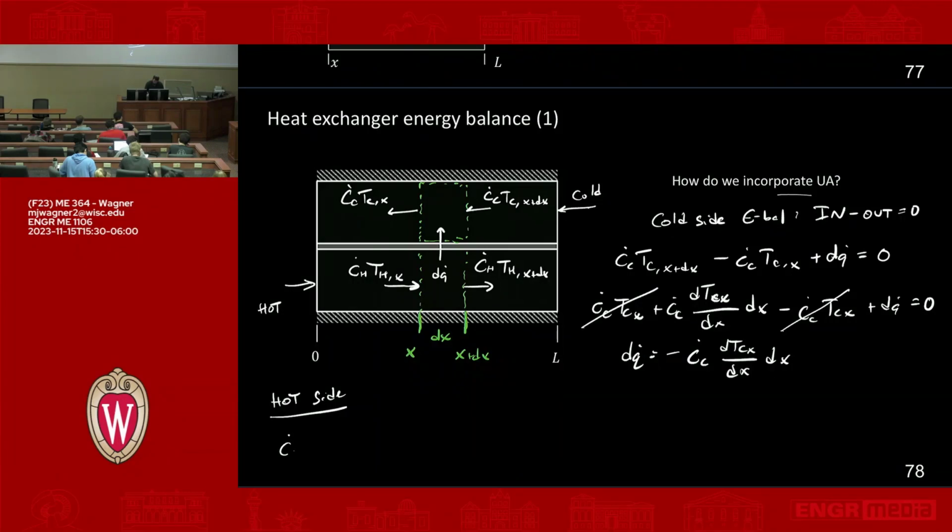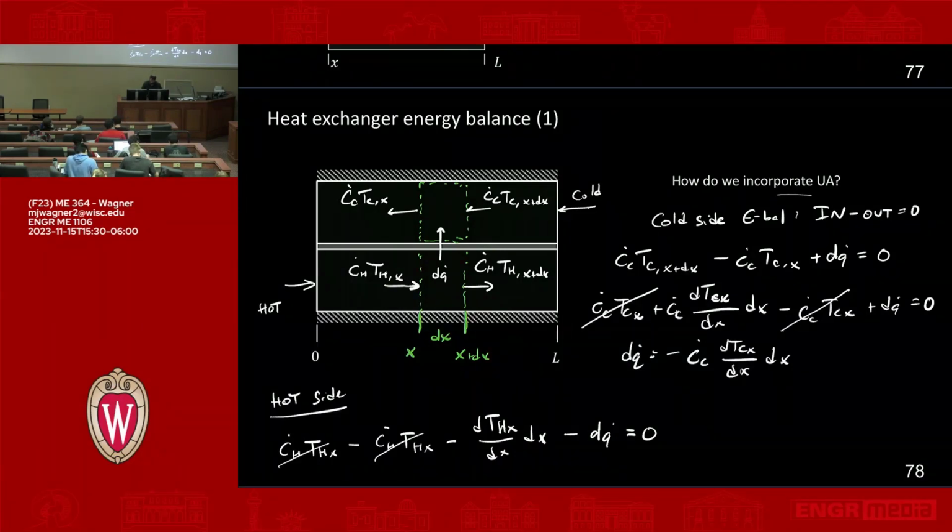So that's C dot H, TH(x), minus, expanding it out, C dot H, TH(x) minus dTH(x)/dx times dx, now minus dq dot equals 0.